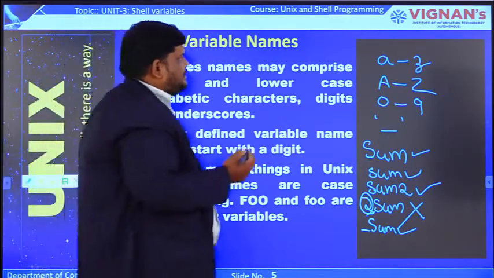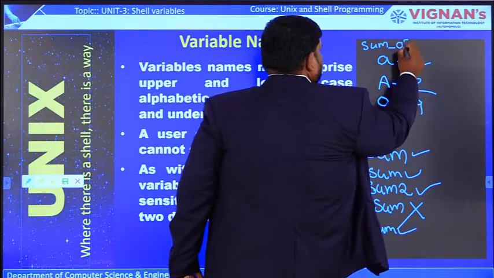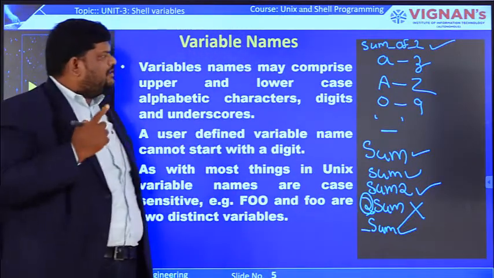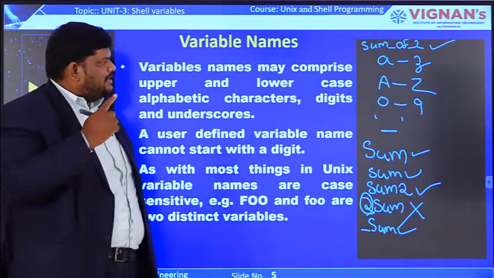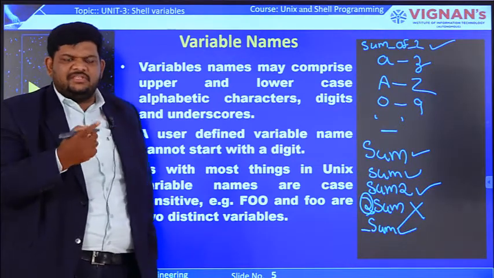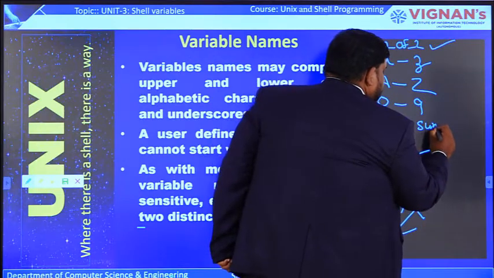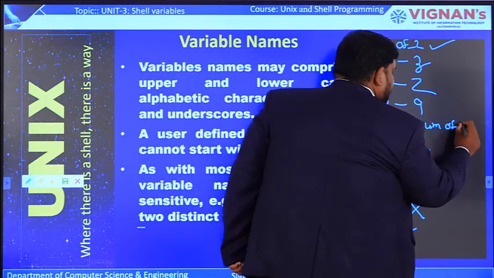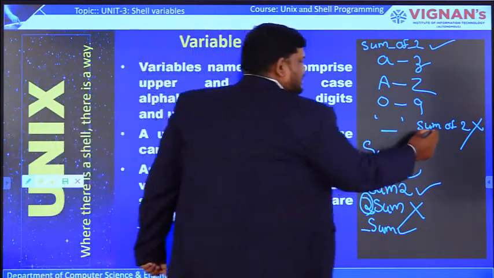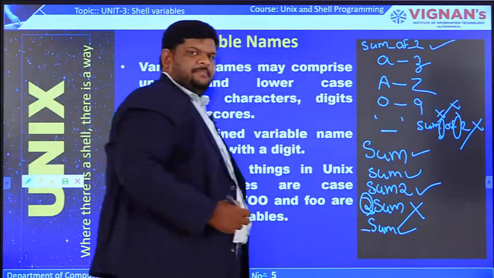Next, we can write like this also. This is also valid because we are not writing any white space. Here we are writing sum underscore OF underscore 2, so this is a valid name. But if you write like this, sum space OF space 2, this is invalid syntax because here we are writing white space, and white spaces are not acceptable.